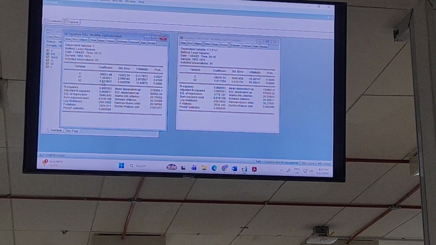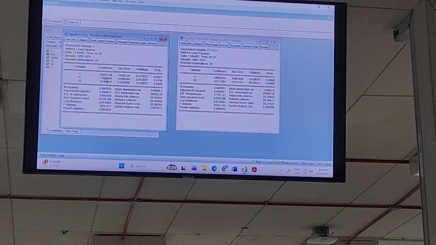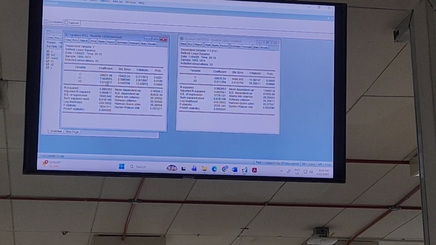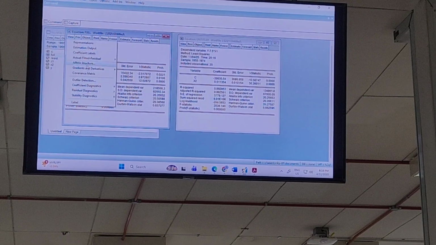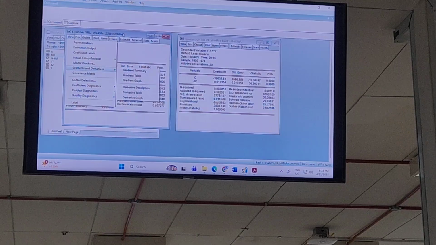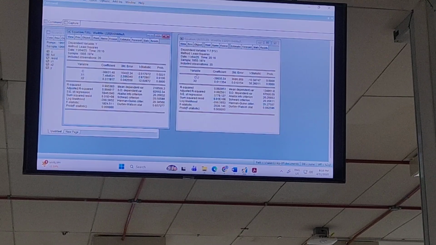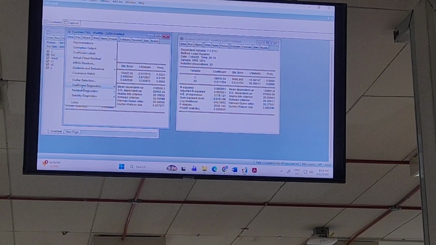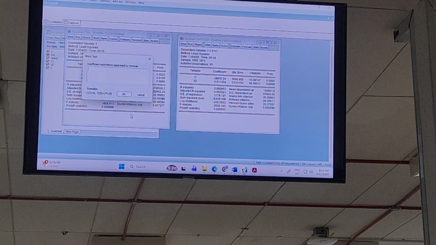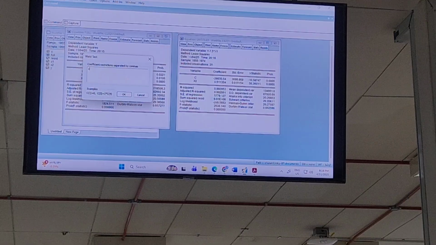So we want to test the null hypothesis that beta 1 equals 15 times beta 2. Just like before, you go to View, Coefficient Diagnostics. You perform the test on the full model, not the restricted one. So View, Wald Test, coefficient number 2.